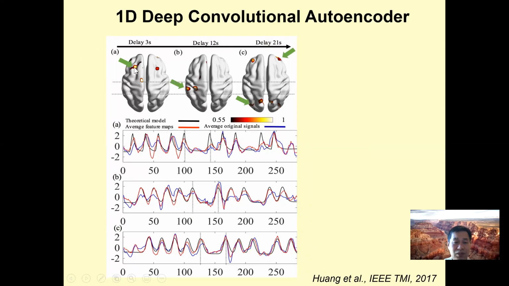We visualize the spatial location and the time series together on the brain surface. We can see that the delays going from 6 seconds to 12 seconds are located in different brain regions, and they look very similar because this is a visual task. Okay, we can see the delays going from one brain region to another, and the time series and the spatial location look very reasonable.